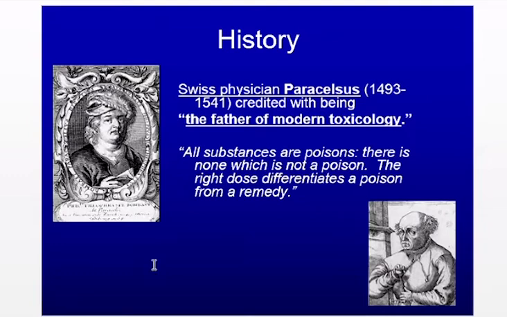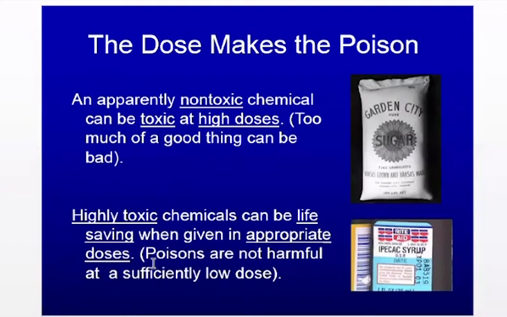So, like you rightly put it, the dose actually makes the poison. An apparently non-toxic chemical can be toxic at higher doses. As the saying goes, too much of a good thing can be bad. If you escalate the dose, a substance which is apparently non-toxic can become actually toxic. Highly toxic chemicals can also be life saving.